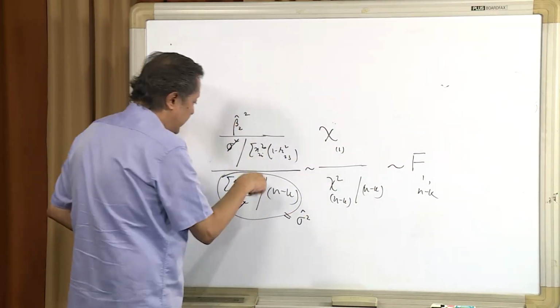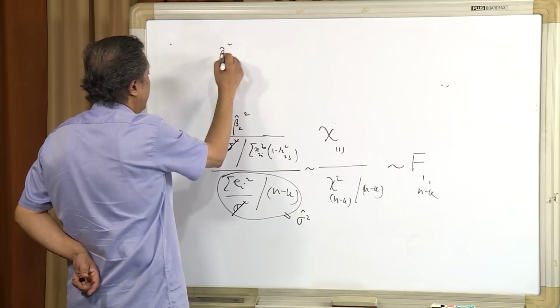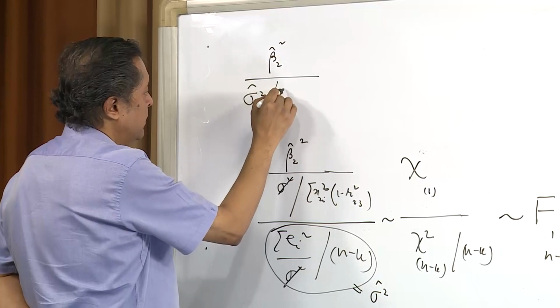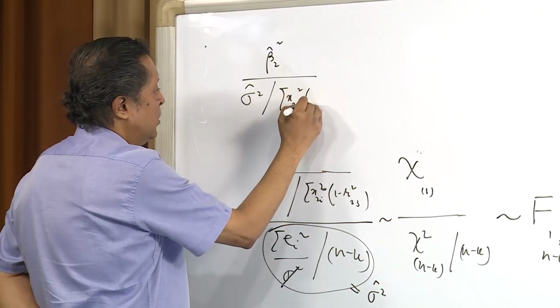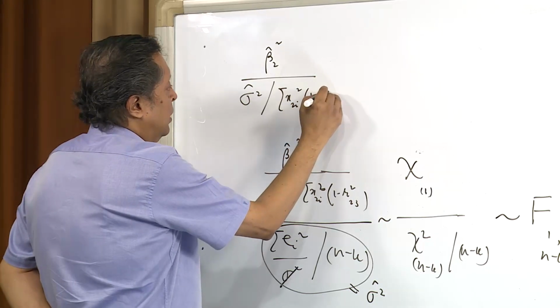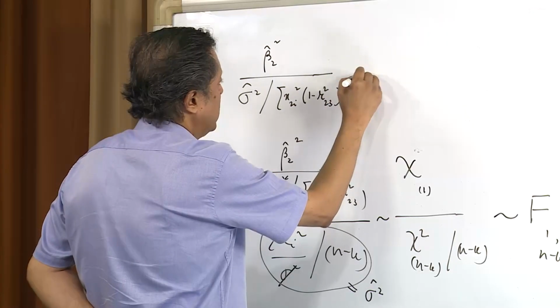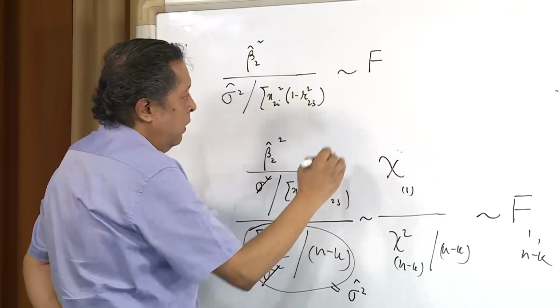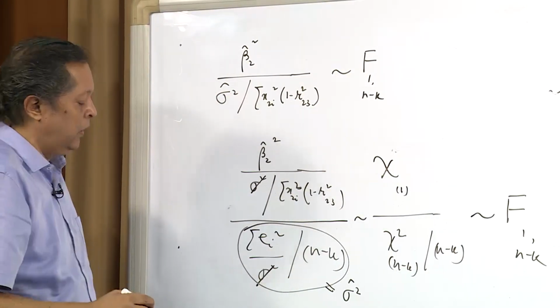From this step we can write beta 2 hat square divided by sigma square hat divided by summation x2i square into 1 minus r square 2 3 follows F with 1 and n minus k degrees of freedom.